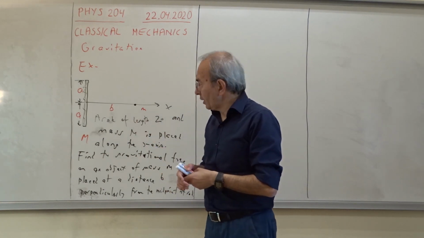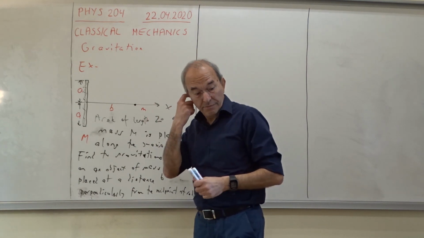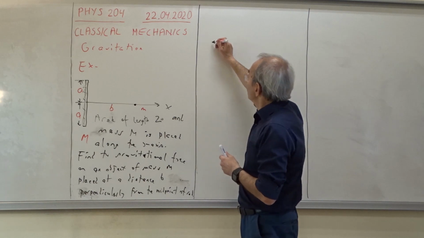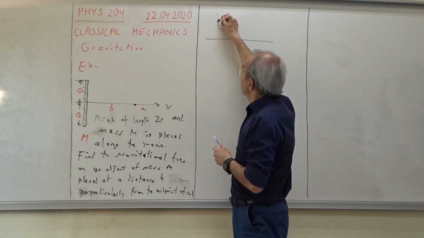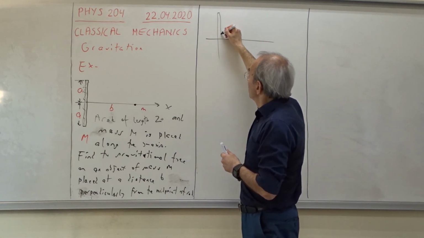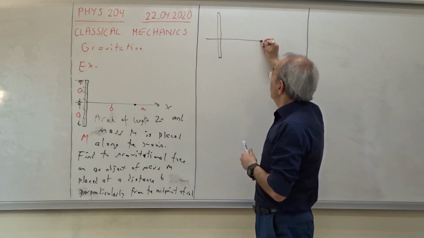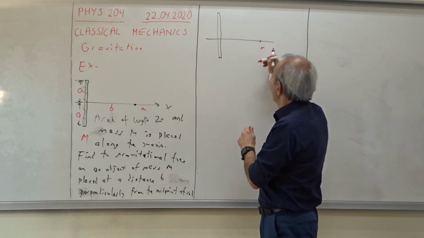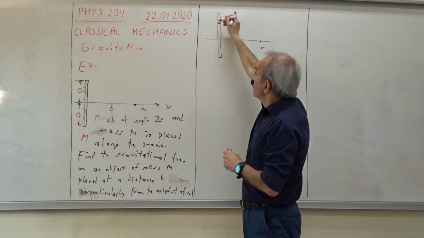So let me choose these mass elements. Here, for instance, let's draw the picture again. So this is the rod, and here is the little object, little m. So we take a small piece.